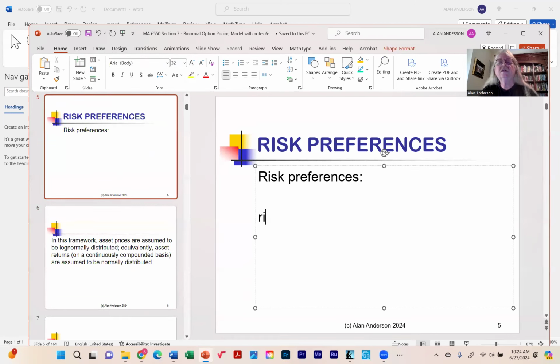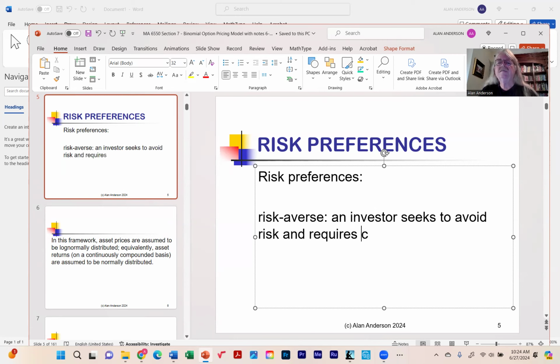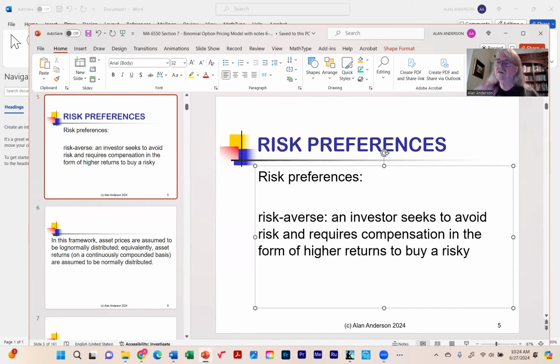So we start with risk averse, and that means an investor seeks to avoid risk and requires compensation in the form of higher returns to buy a risky asset, something other than the risk-free asset, meaning something other than treasury securities.